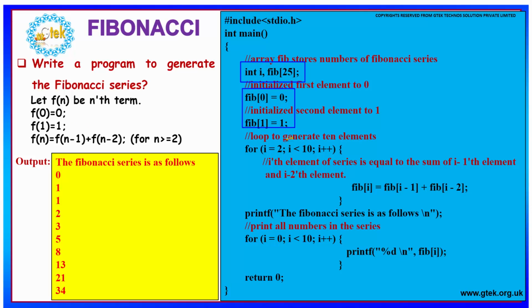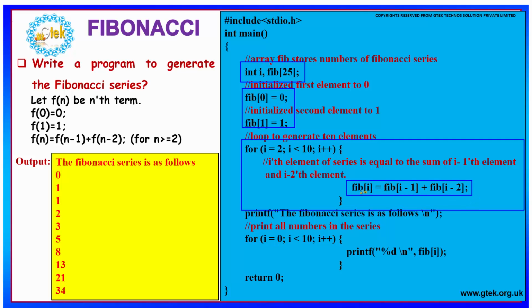And for every value of n greater than or equal to 2, that is, initializing with 2 and less than 10 in this case to make things simple, we are writing a for loop, and for each value of i greater than or equal to 2, we apply the formula: the Fibonacci value of the ith term is the sum of the terms before it, that is i minus 1 and i minus 2.